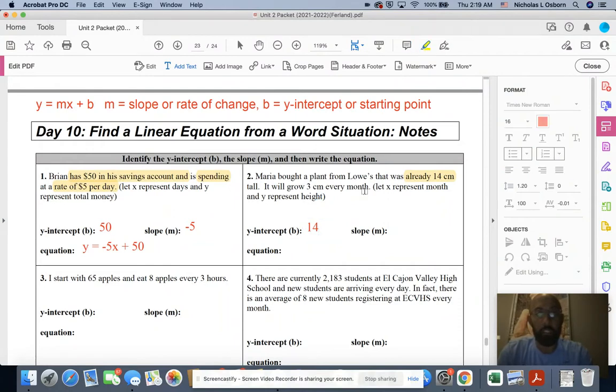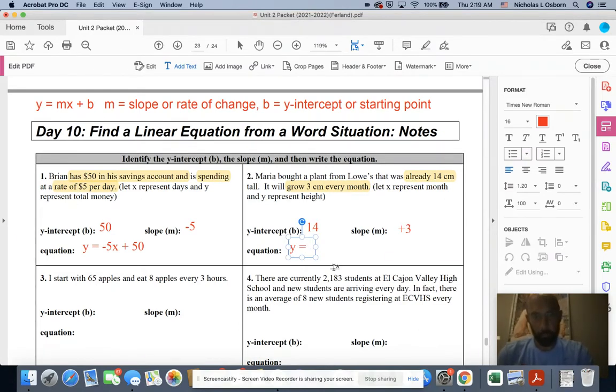Then it says that it will grow, again keyword grow, 3 centimeters every month. If it's growing, that means it's a positive growth, so it'd be +3. You don't really need to put the plus. I'm just writing it to emphasize that it is a positive growth.